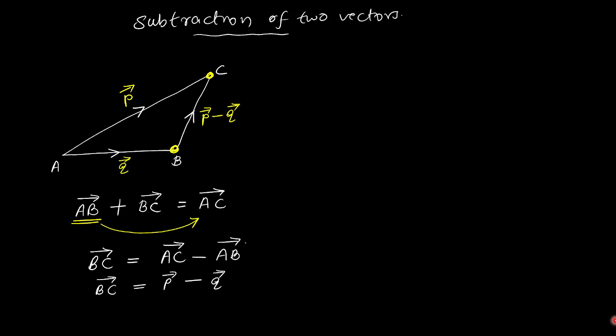Okay. All of you please write down. You need not worry about the diagram. I will discuss problems from the textbook. In that way we get subtraction of two vectors. Understood?